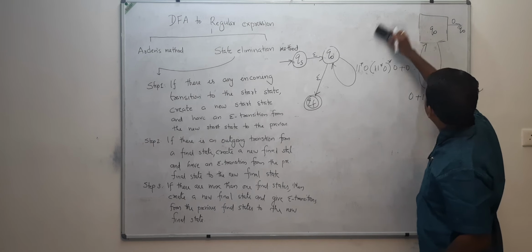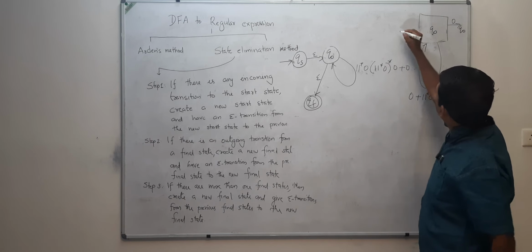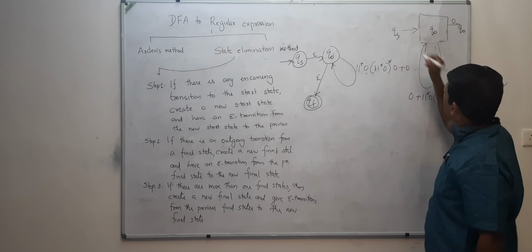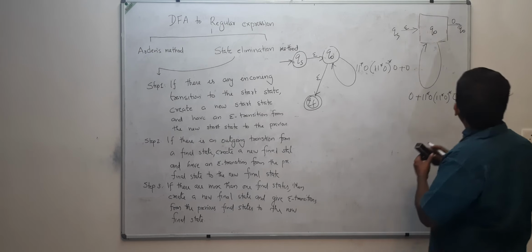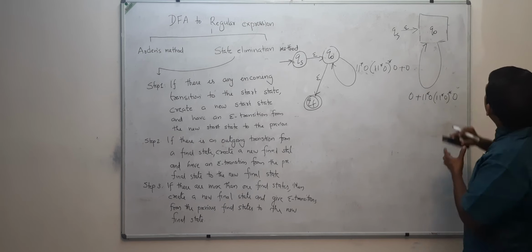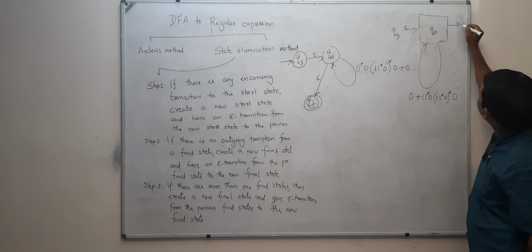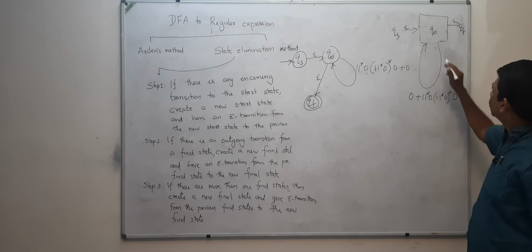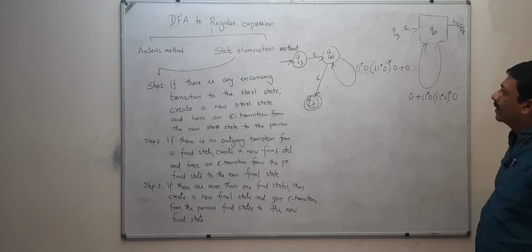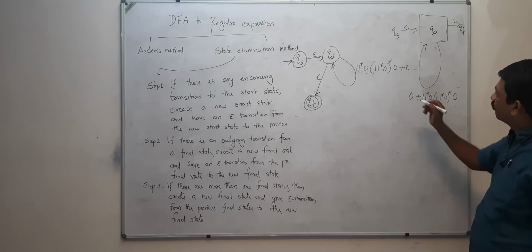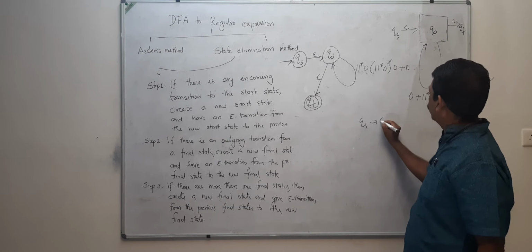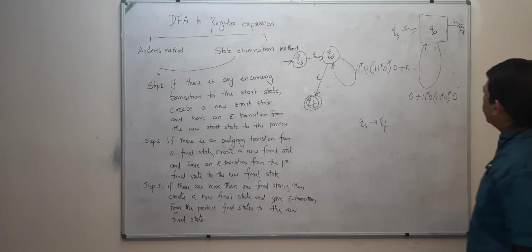Now, from QS, there is an incoming transition labeled epsilon, and from Q0 to QF, you have another epsilon transition, and this is the loop. Now, from QS to QF, you have to reinstate the path.